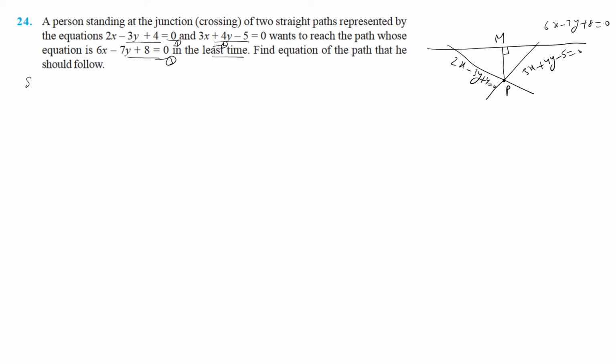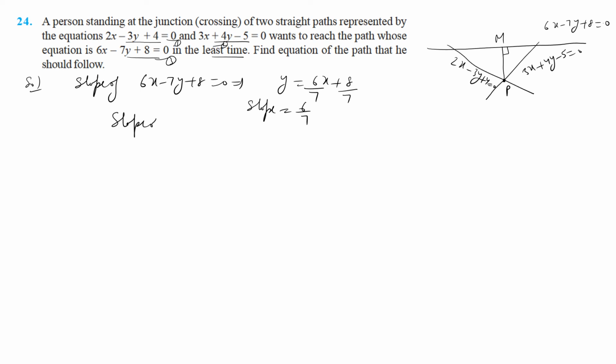Here the slope of 6x minus 7y plus 8 equal to 0: let us express it in slope intercept form, dividing by 7. So the slope is 6 by 7. Now the slope of PM will be the negative reciprocal of the slope of line 3, which is minus 1 upon 6 by 7, which is minus 7 by 6.